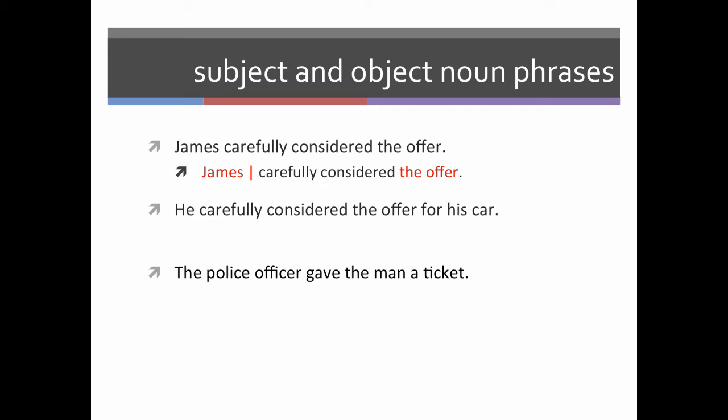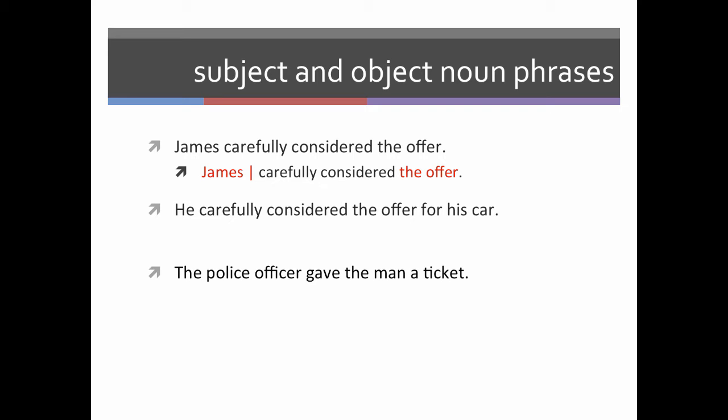So we have talked about subject noun phrases, as in this first example, James carefully considered the offer. So the first noun phrase in an independent clause, James, this is the subject of the sentence. And we have James considered. Considered is the main verb, and then the offer is the object of the sentence.